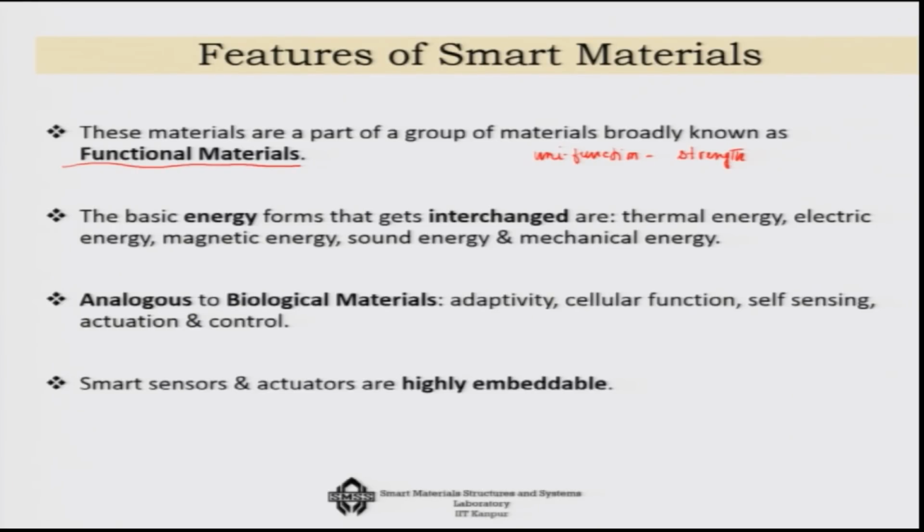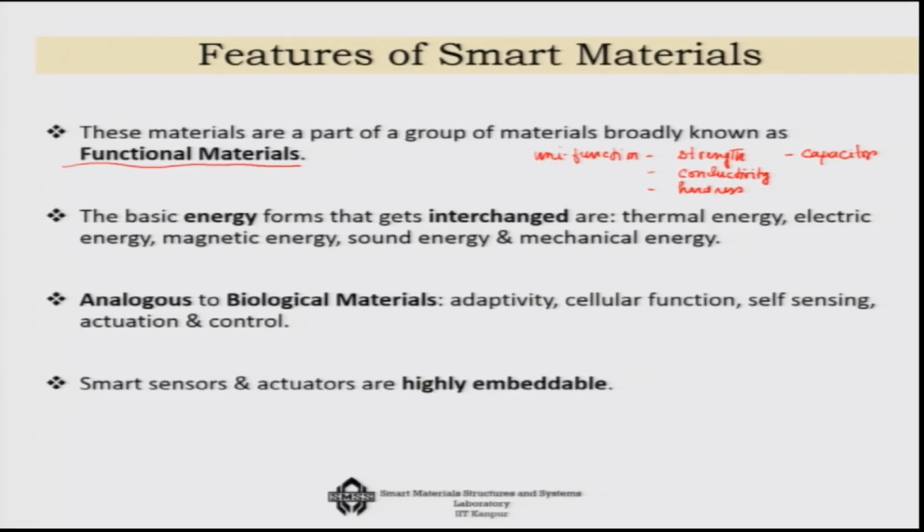Then similarly, we can choose materials which give us conductivity, be it electrical conductivity or thermal conductivity. We can choose materials which give us hardness. We can choose materials which give us certain electrical properties, for example, you can use them as a capacitor or as an inductor.